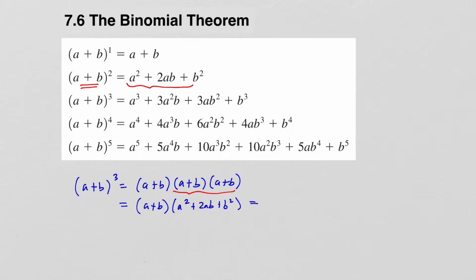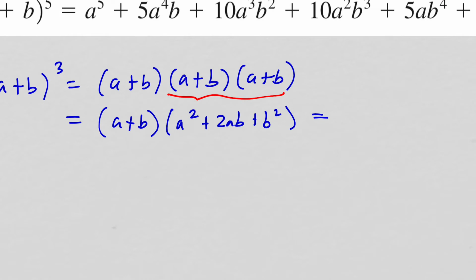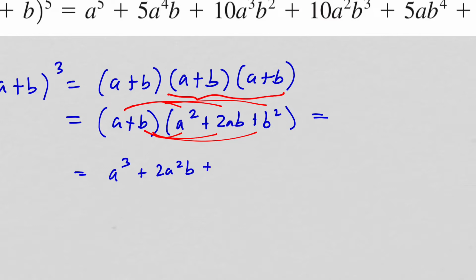And then if I multiply this out by distributing here and distributing here, we end up getting a to the third power plus 2a squared b plus ab squared plus, down here we have b times a squared, which is a squared b, plus b times 2ab is 2ab squared, plus b times b squared is b to the third.